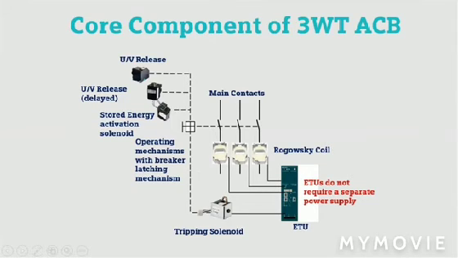On the upper side are the under voltage release coil and the stored energy activation solenoid. Here we have the fixed contact and moving contact. In case of a fault condition, this ETU will give a signal to the tripping solenoid, and this mechanism will trip, so the moving contact will break from the fixed contact.